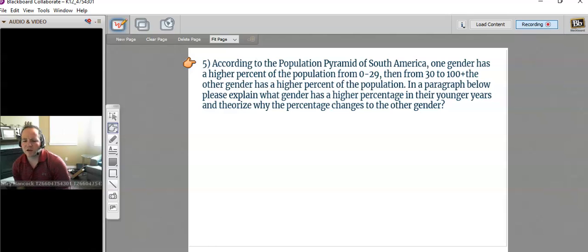So this is saying, according to the population pyramid of the world, you guys are going to do South America. One gender has a higher percentage of population from 0 to 29, okay? The other gender has a higher percentage after that. In the paragraph below, please explain what gender it is.